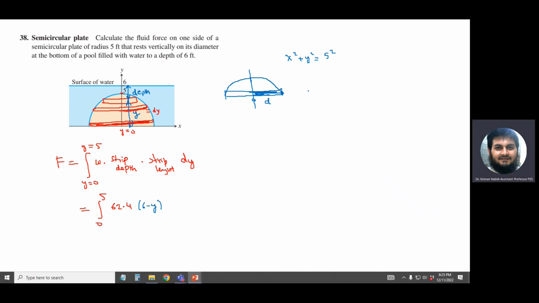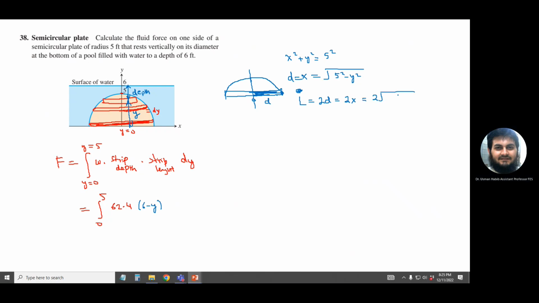If we write everything in terms of y, x will be equal to the square root of 5 squared minus y squared. This is the distance from this point to this point. For the whole length, you need to multiply by 2. So the whole length is 2 times d, or 2 times x, or 2 times the square root of 5 squared minus y squared. So we get 2 times the square root of 5 squared minus y squared, dy.